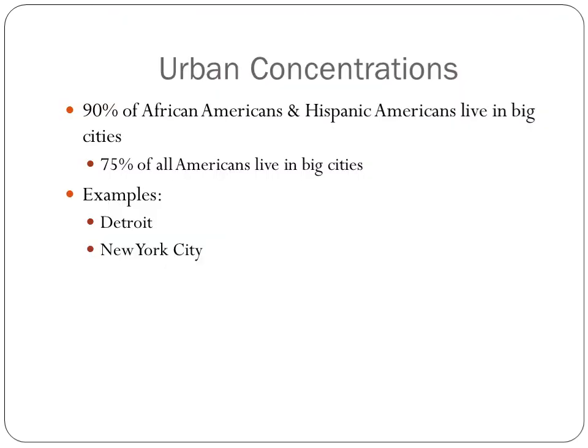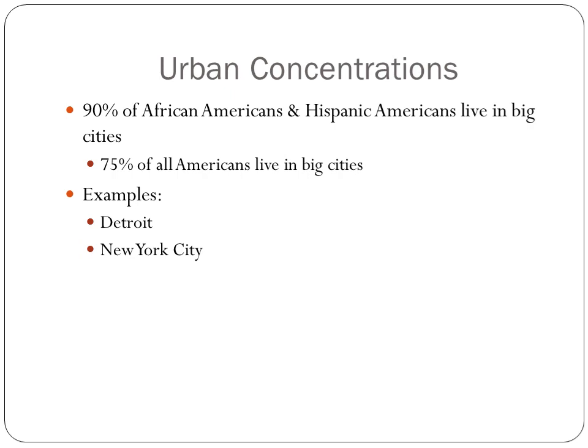Shifting gears a little bit, I want to talk about another spatial distribution that is important to understand for this. And this is something that we're going to come back to later on in the year as well. In addition to just regions of the country and states where we see large numbers of ethnic minorities, it is important to understand that we also tend to see them clustered in urban areas as well. 90% of African Americans and Hispanic Americans live in big cities.